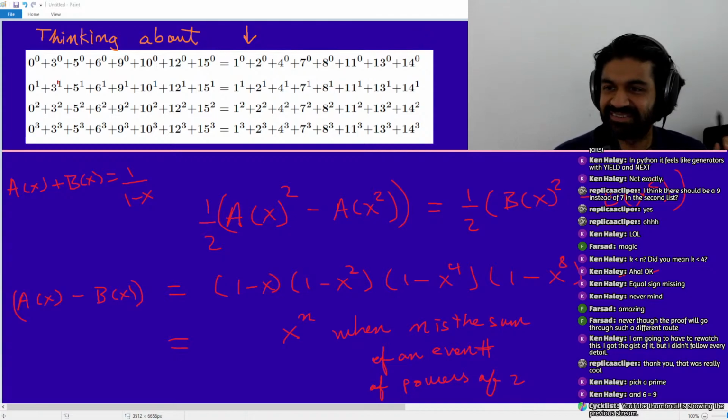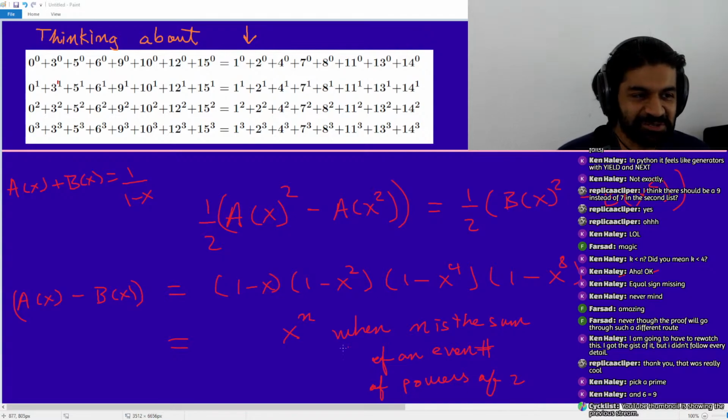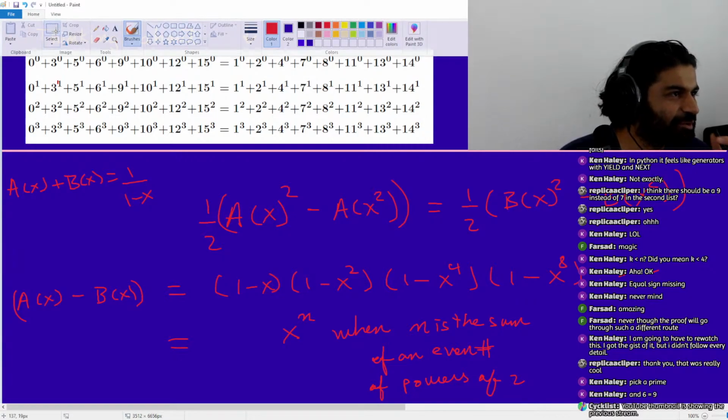Does that make sense? At least I hope so. So if you multiply out the product, you'll get x to the n whenever n is the sum of an even number of powers of 2, and negative x to the n whenever n is the sum of an odd number of powers of 2. But let's think about that for a second.